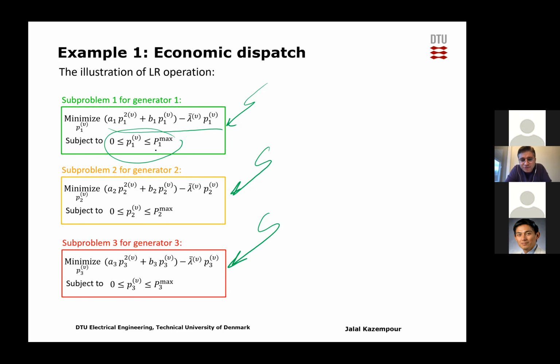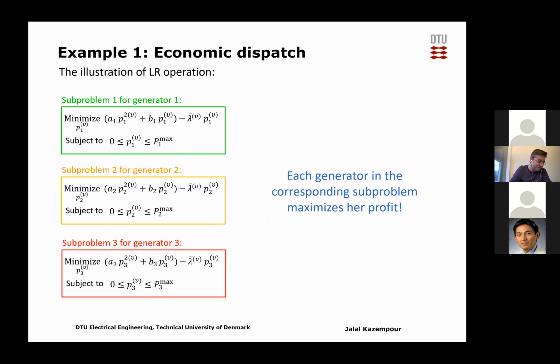Does this remind you of something we learned in lecture 2? Equilibrium problem. Exactly. This is an equilibrium problem. That's one of the ways we can solve an equilibrium problem. Instead of solving using MCP, deriving KKTs, putting all together, we can solve the equilibrium problem for the market in a distributed fashion, right? So each generator in the corresponding subproblem maximizes her profit.